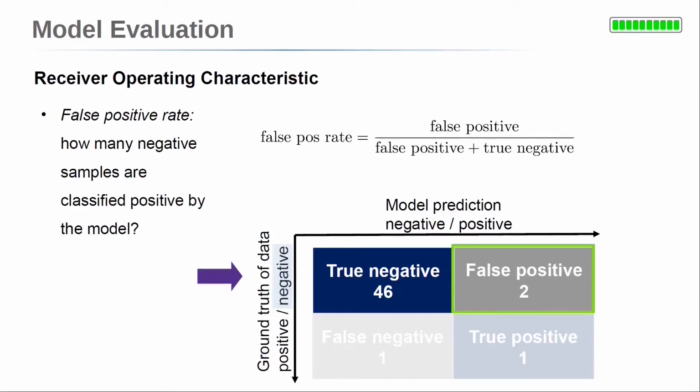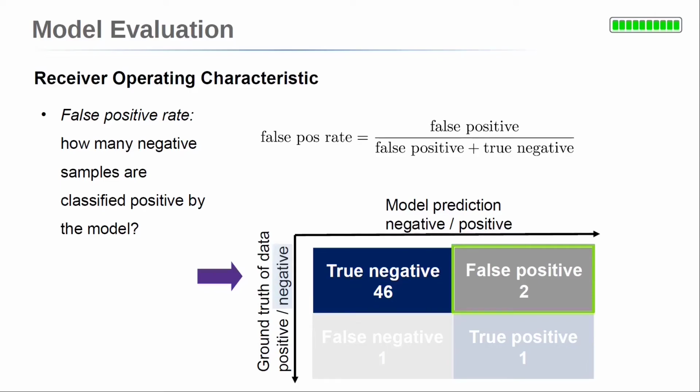Besides the precision-recall curve, there is another popular curve representing this trade-off, the so-called receiver operating characteristic. Here, instead of the precision, the false positive rate is plotted against the recall. The false positive rate is the ratio of false positive model classifications over all negative data points.